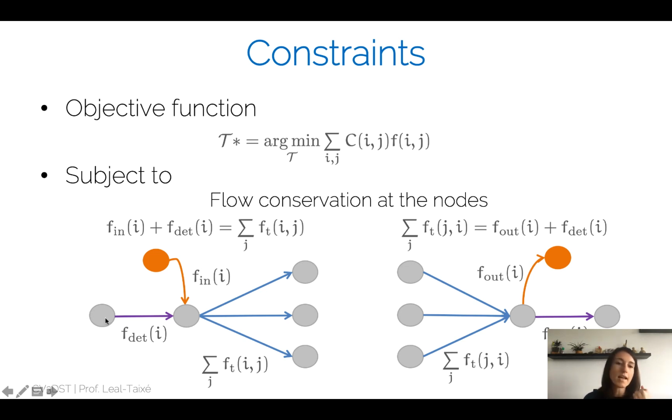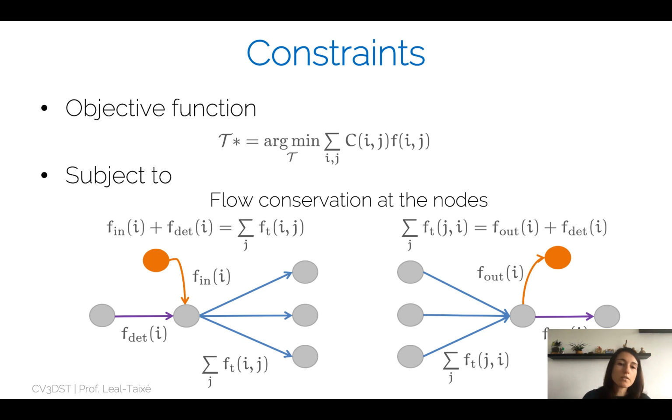Imagine that I activate this edge and I say this detection is active, and at the same time, I start a trajectory here. This means that I had a past trajectory active coming through this edge here, and at the same time another trajectory will be starting through this node. And this is impossible, right? This would mean that this node would represent two people. One of the most important constraints in our problem is that each node can represent only one identity. So there can be no overlapping identities in the node.